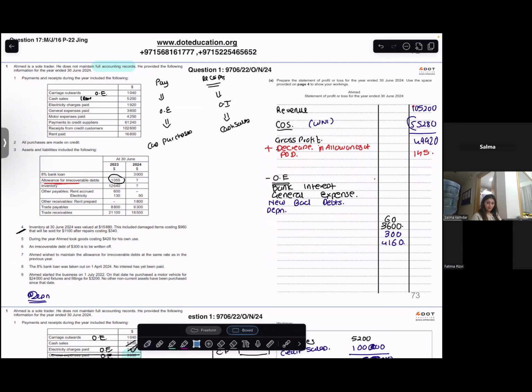Then we start with our expenses again, checking each and everything. Carriage outwards did not have any adjustment, did it? So I'll write carriage outward. How about electricity? Electricity, general expenses, and motor expenses.